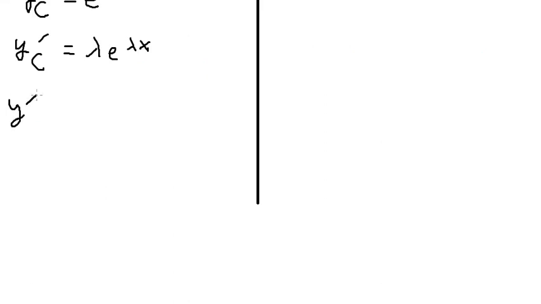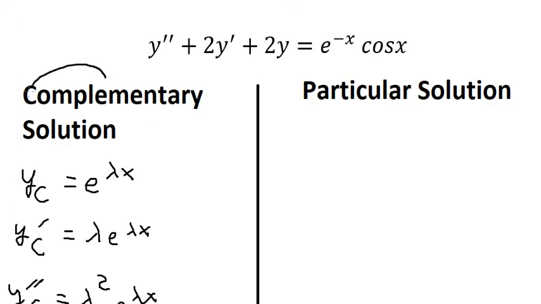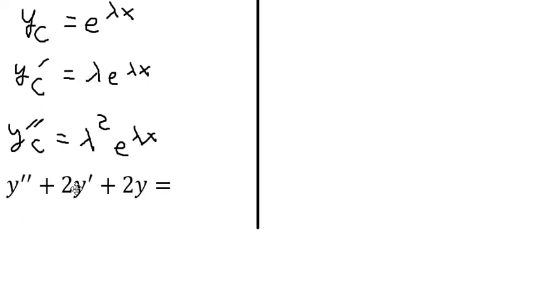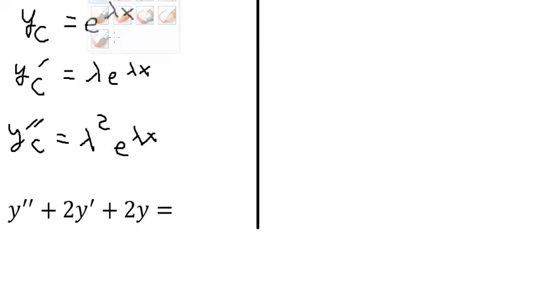Now we do the second derivative, you get lambda squared e to the power of lambda s. Because this is about the complementary solution, this should be equal to 0.